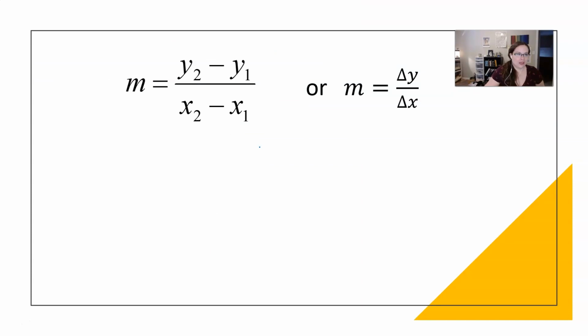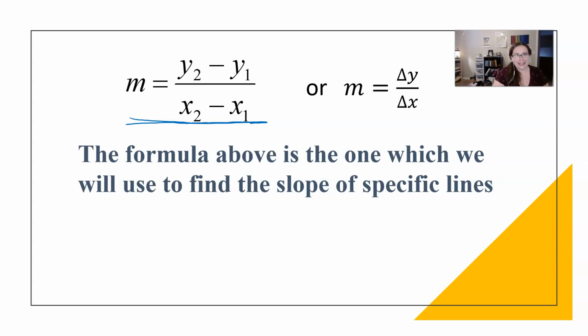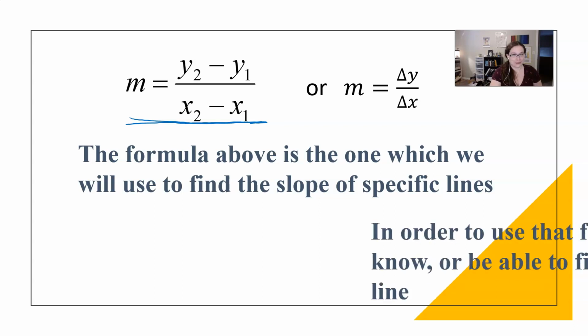If you are taking notes, I would write this equation down, because this is the equation you are going to use to do all of the finding the slope from 2 points on your assignment. So this is the one that we're going to use to find the slope of lines when we're given 2 points. Let's talk about what y2 and y1 and x2 and x1 means, and how do we apply this formula.